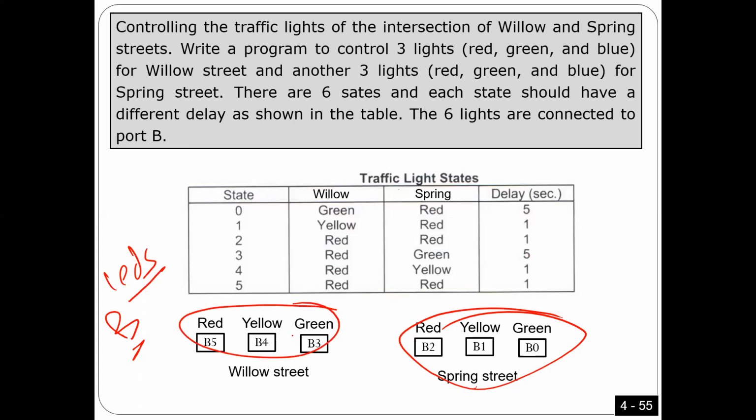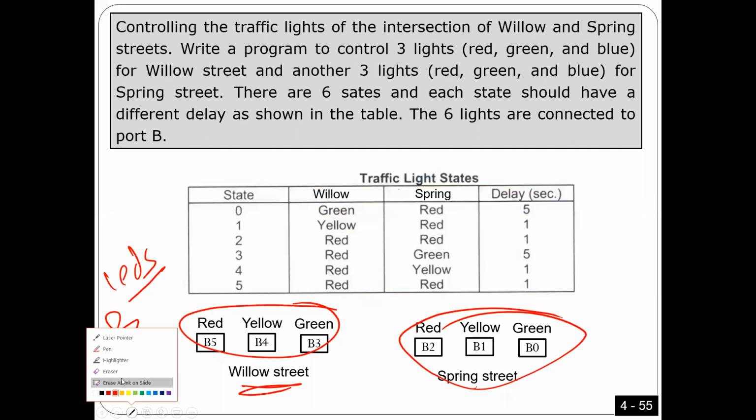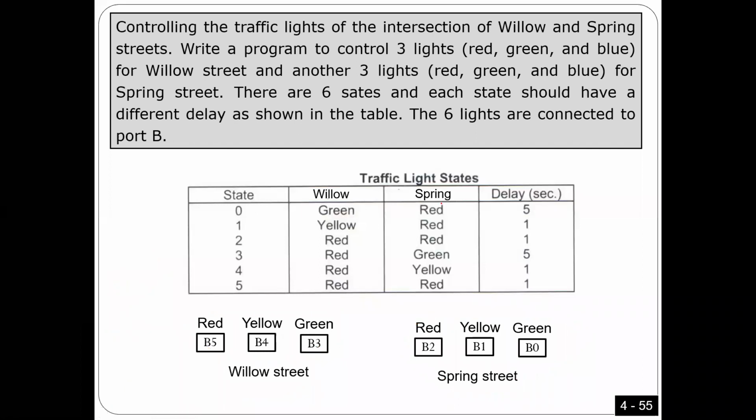The second 3 LEDs are for Willow Street, and they are green, yellow, red, green, yellow, red. Okay, that means, look here, guys. If I'm in state 0, this one has to be 1, and this one has to be 1. So the number I have to output to port B is 00100, and then for sure you put some zeros here, right? This is the number.